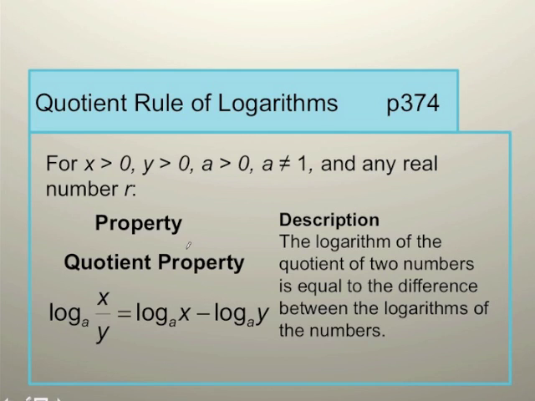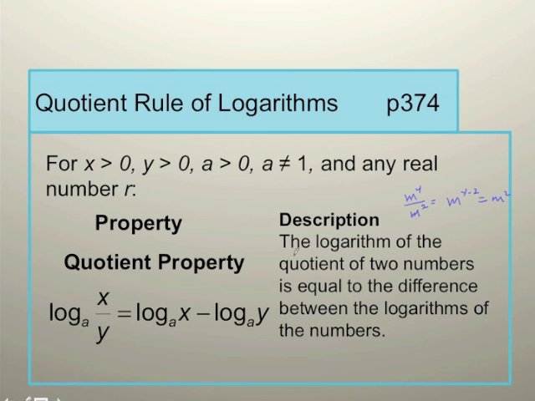Quotient rule for logarithms. I'll remind you that if I have m to the 4th over m squared, it equals m to the 4 minus 2, or m squared.